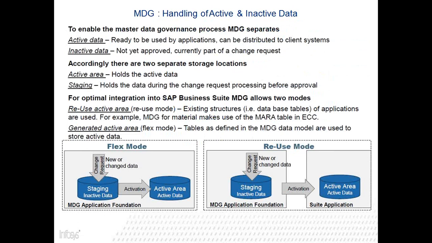So if I want to hold my replication, I can hold. If I want to trigger immediately, I can also do that in flex mode. Whereas in the reuse mode, I don't have that kind of control. Immediately after activation, data gets deleted from the staging and moved into the active. Okay, Shekhar, thank you.